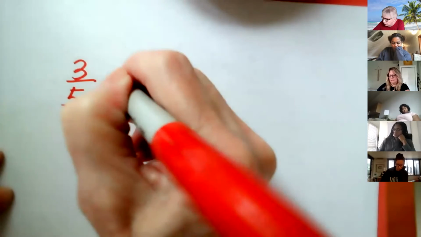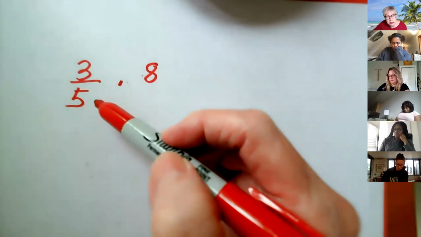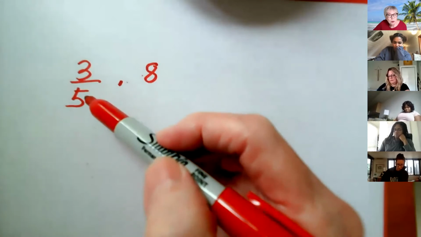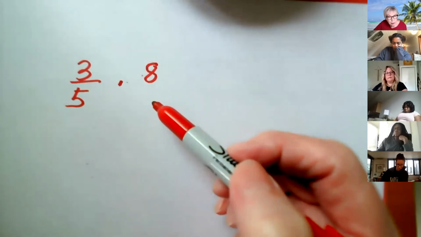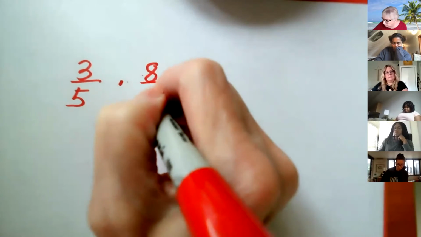3/5 times 8. Now, the thing about multiplying fractions is what you need is nice simple common fractions for both numbers. And so 8 should be written as 8 over 1.